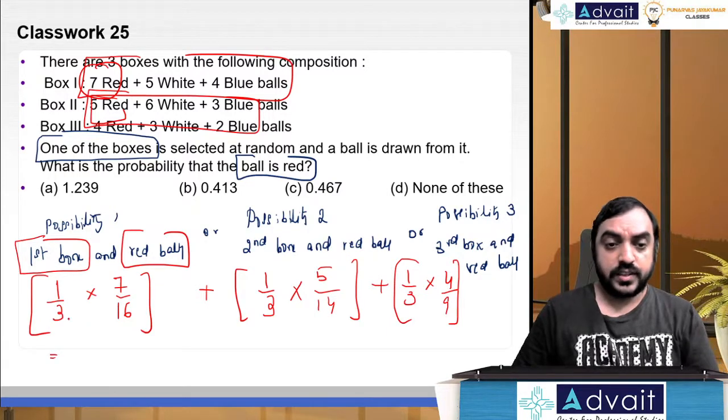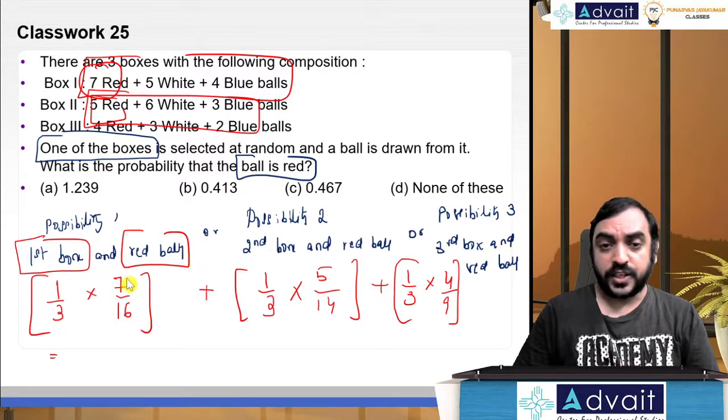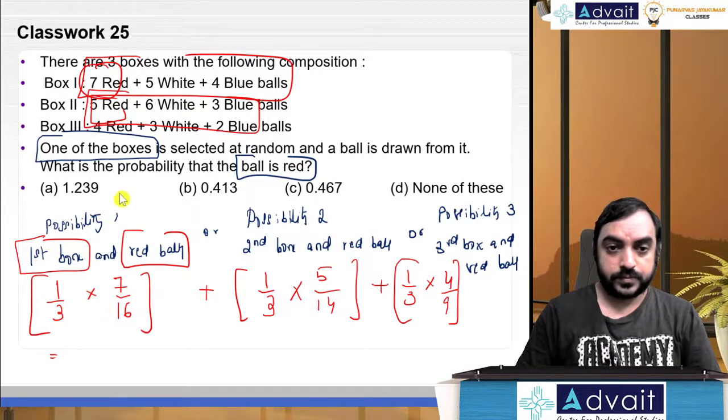So that is 1 by 3 into 7 by 16. You can use the M+ function also. Instead of writing it here, I'll use M+ function. Then 1 by 3 into 5 by 14, then 1 by 3 into 4 by 9.